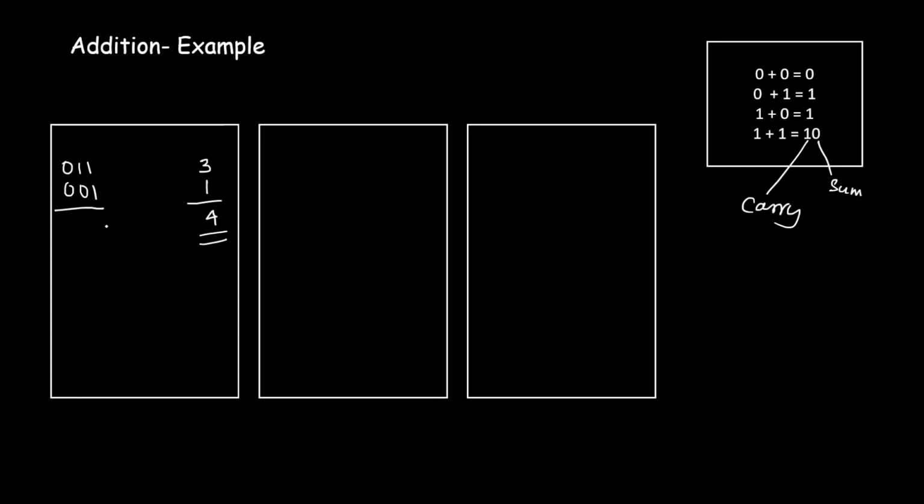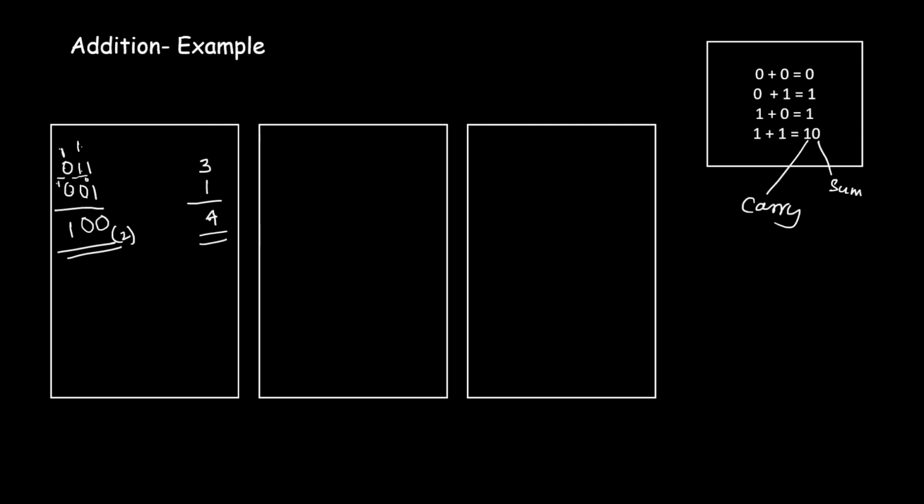According to the rule, I have provision for adding 2 bits, so let me add this bit and this bit. 1 plus 1 is a 0 with a carry 1. 0 plus 0 is a 0. Now here 1 plus 0 is a 1. Again 1 plus 0 is a 1. So this is our result in binary form.